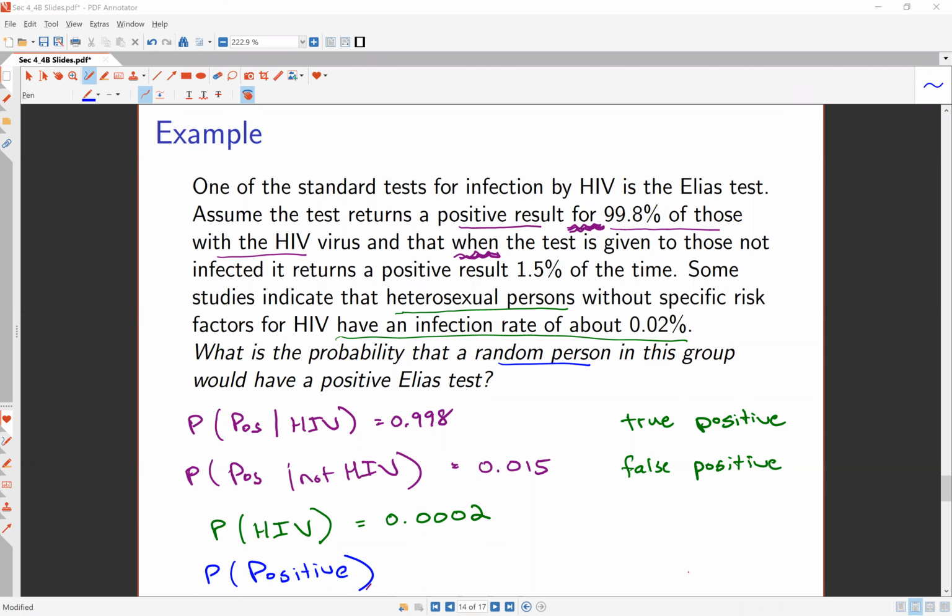So let's unpack how we can get to the probability of someone just having a positive test. We already know we're looking at a population with two pieces to it: people who are HIV positive and people who are HIV negative.